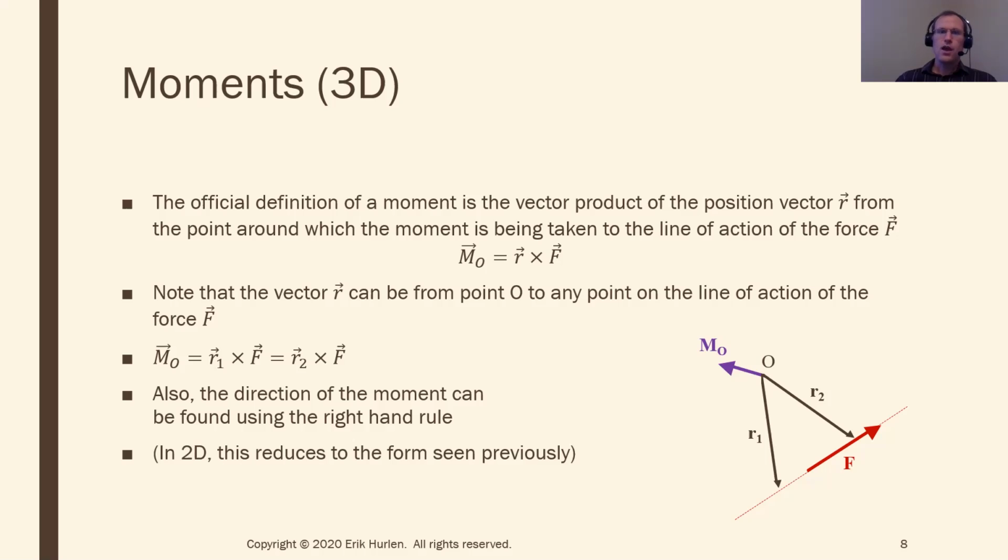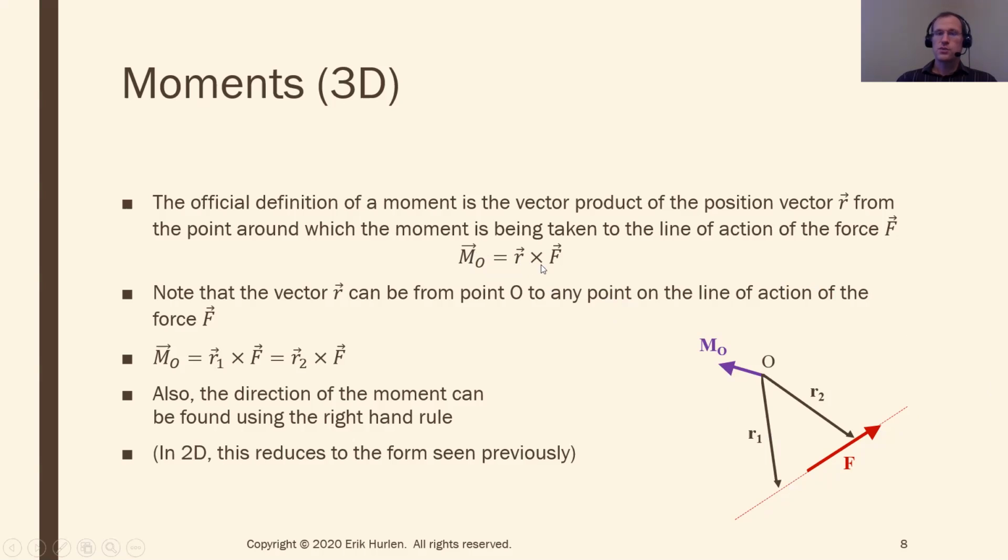Officially, to find the moment, I take the cross product, r cross F. So my moment around some point O is the position vector r starting at point O, so wherever I'm taking the moment around, and going to the line of action of the force.